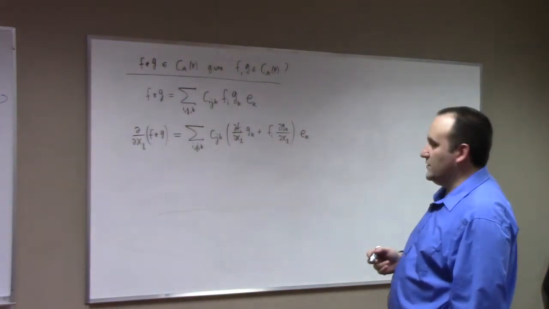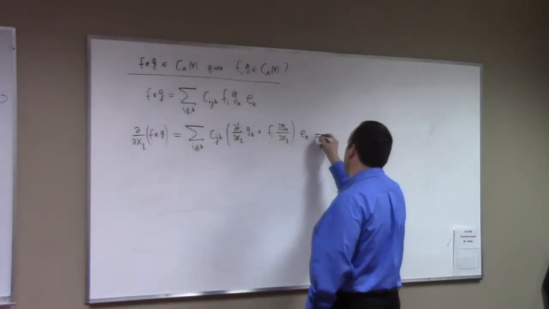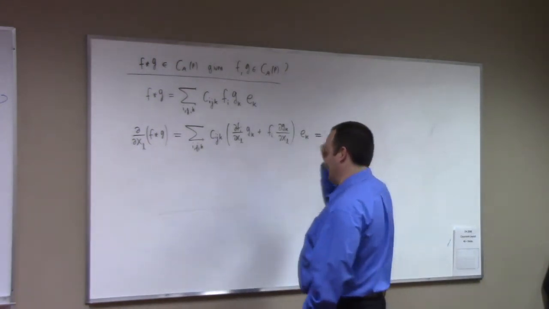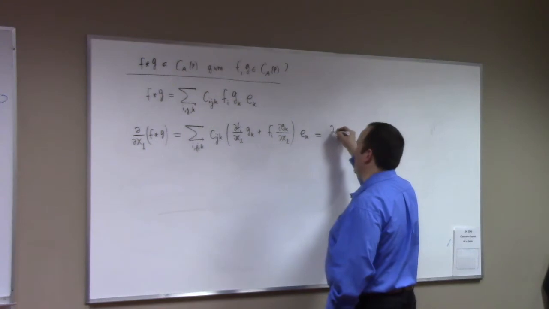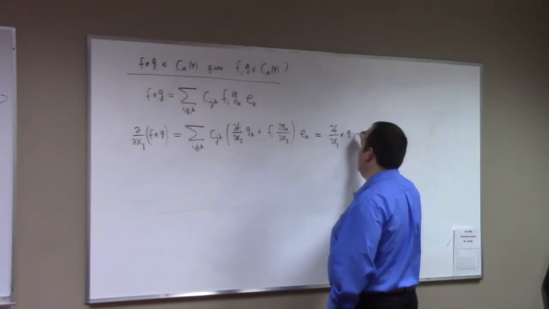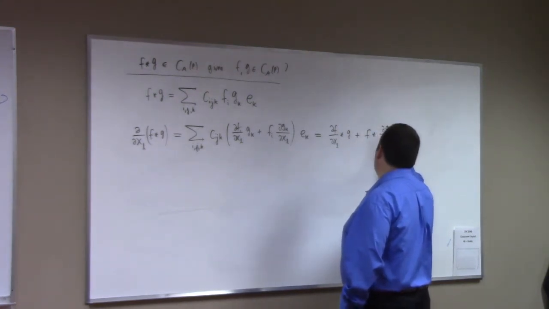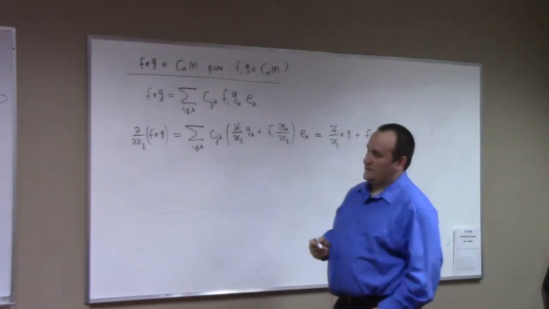If you rewrite it back in terms of star multiplication, that's exactly partial f partial x_l times g plus f times partial g partial x_l. Well, that's not too bad.